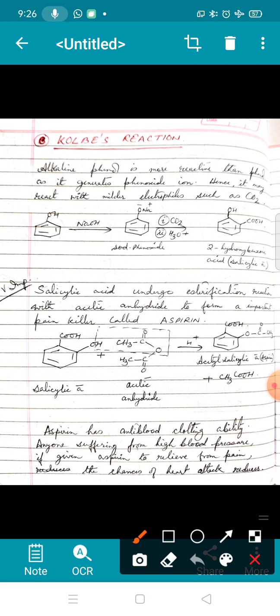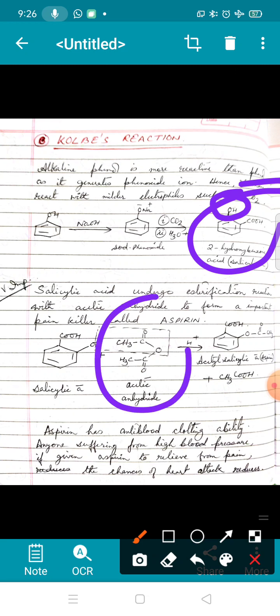Now we know that normally for an esterification reaction we need alcohol and acid, and by loss of water it forms ester. But here in salicylic acid, the OH group will serve as the source of alcohol, and the reaction will not take place with acid, but with acid anhydride, that is acetic anhydride.